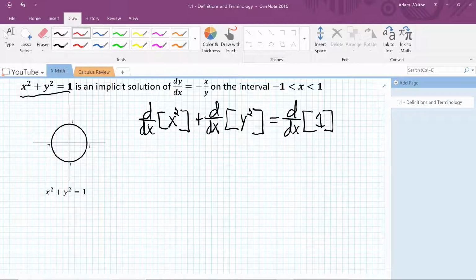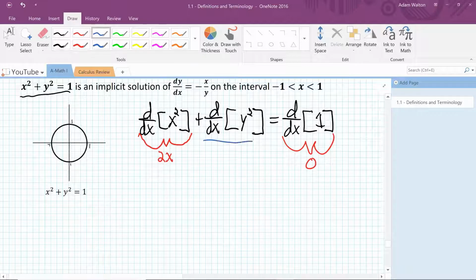Alright, so we know that the derivative with respect to x of x squared is just 2x. We know that the derivative with respect to x of 1, or any constant for that matter, is just 0. But what about this guy here?